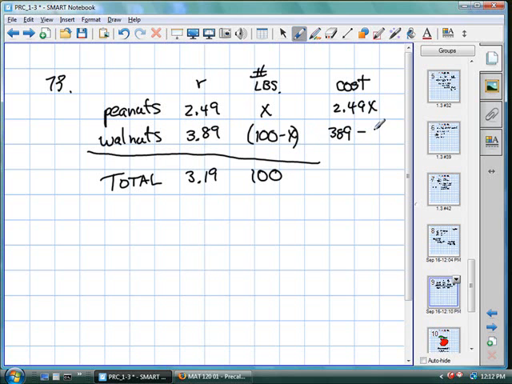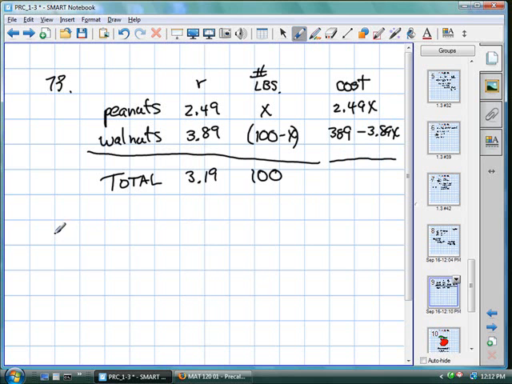389. But then I also have to distribute, and I have to do negative 3.89x. Okay. So now I've got my two individual costs, and when I'm all done, it should be the sum of those two, right?